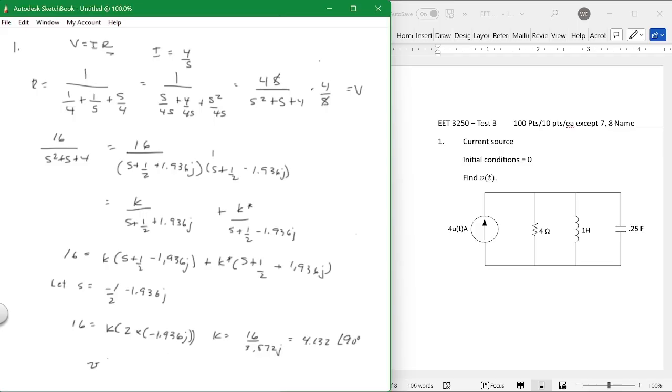So v of t is equal to 2 times 4.132 e to the minus 1/2 t cosine of 1.936t minus, or plus, doesn't really matter, minus 90 degrees or plus 90 degrees, okay? Any questions about that? Piece of cake, right? Okay, any questions about number 1?